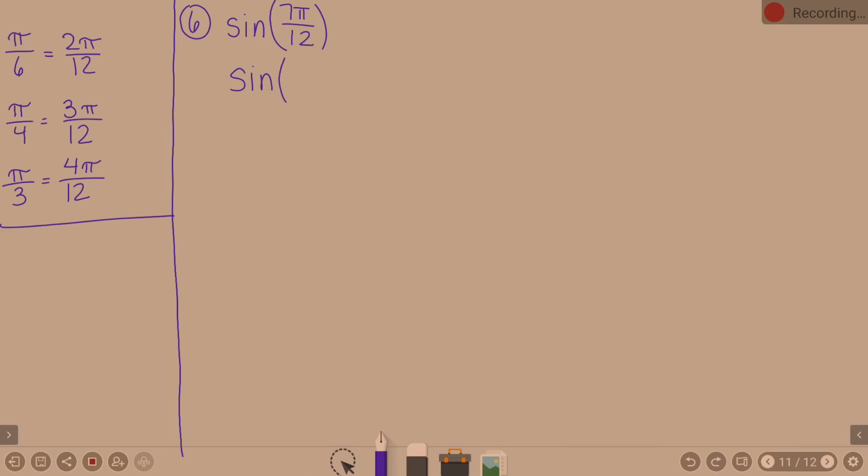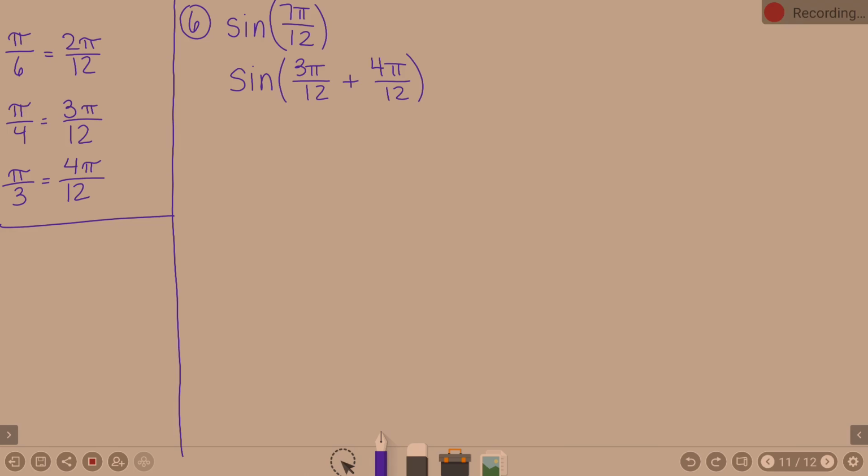Yeah, I'm going to write it as 3 pi over 12 and 4 pi over 12 for the moment. But I totally agree with what you're saying. This is a true statement, yes? Sine of 7 pi over 12 is equivalent to sine of 3 pi over 12 plus 4 pi over 12.